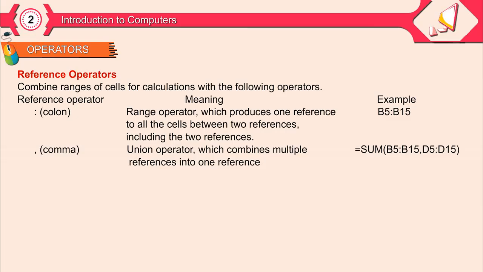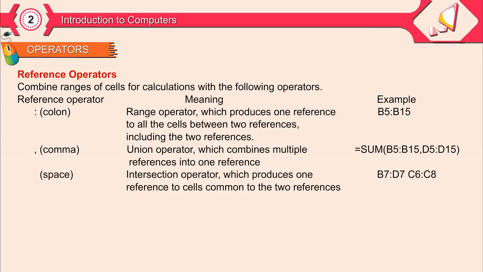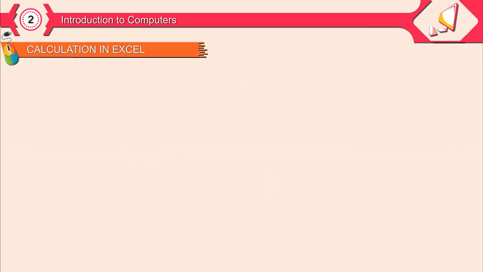Equal to sum B5 colon B15 comma D5 colon D15. Space, intersection operator which produces one reference to cells common to the two references. B7 colon D7 space C6 colon C8.